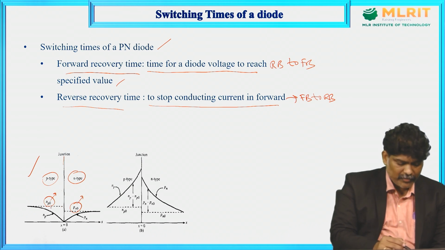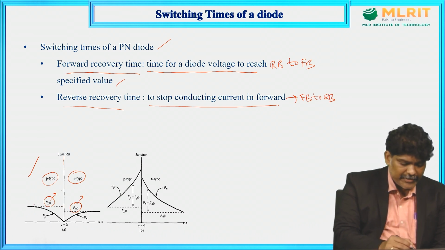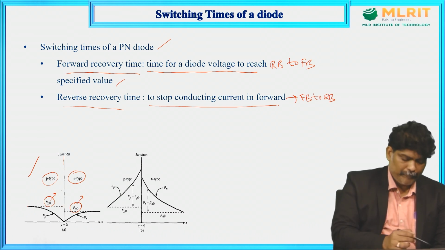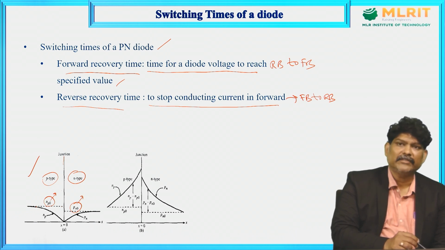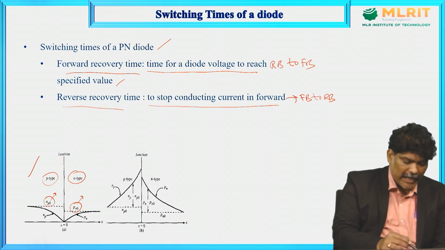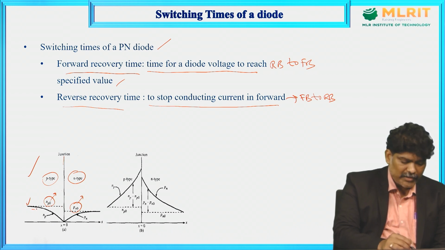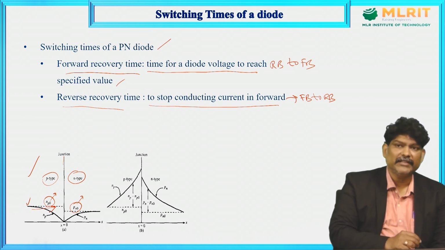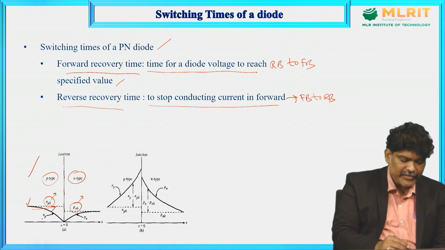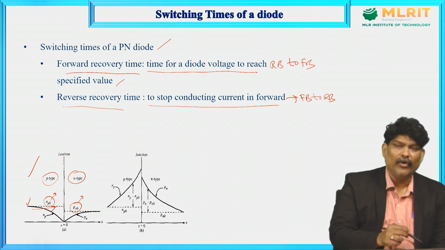So therefore, at equilibrium condition, the carrier concentration is more when it is away from the junction, and when it reaches towards the junction, the carrier concentration of the electrons decreases to 0.